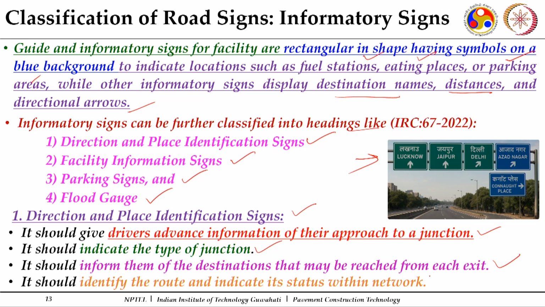It should identify the route and indicate its status within the network of roads. Here you can see an example, the one which goes towards Lucknow, Jaipur, Delhi, and further ahead towards Azad Nagar. So this information is displayed.